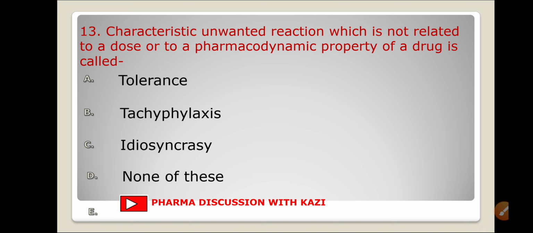And idiosyncrasy is the characteristic unwanted reaction which is not related to a dose or to a pharmacodynamic property of a drug, and it is also called person peculiarity. So the correct answer for this question is idiosyncrasy, that is option C.